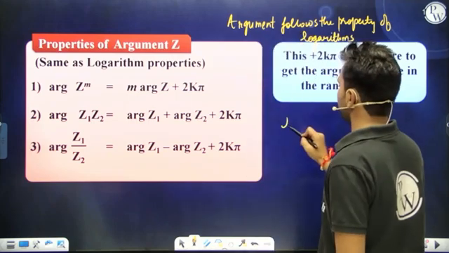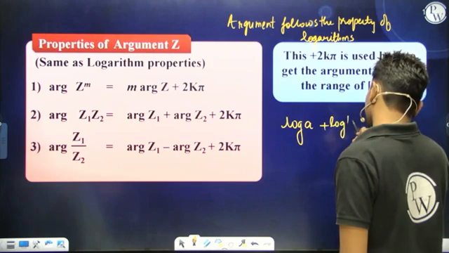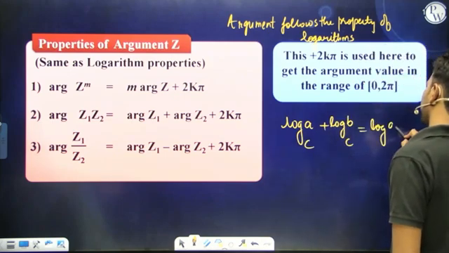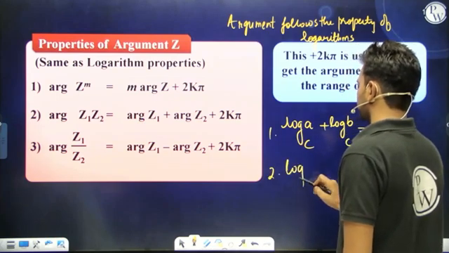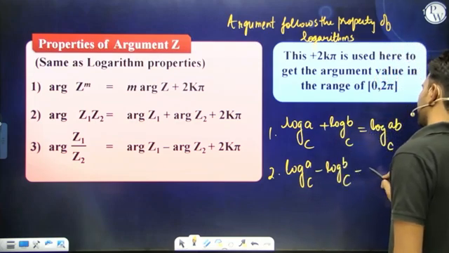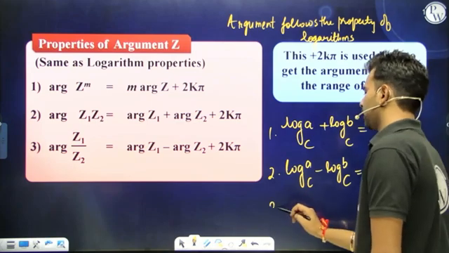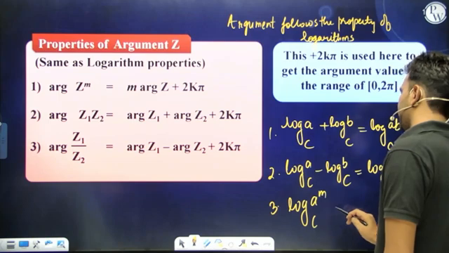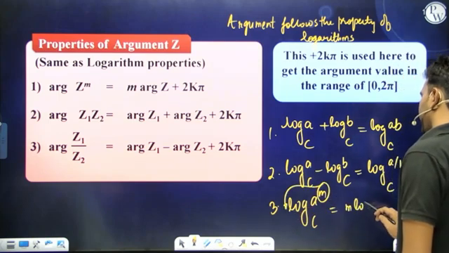I hope you have learnt in logarithms that log A plus log B with the same base C is equal to log AB to the base C. Number 2, log A to the base C minus log B to the base C can be written as log of A by B to the same base C. Number 3, log of A to the power M to the base C can be written as M times log A to the base C.